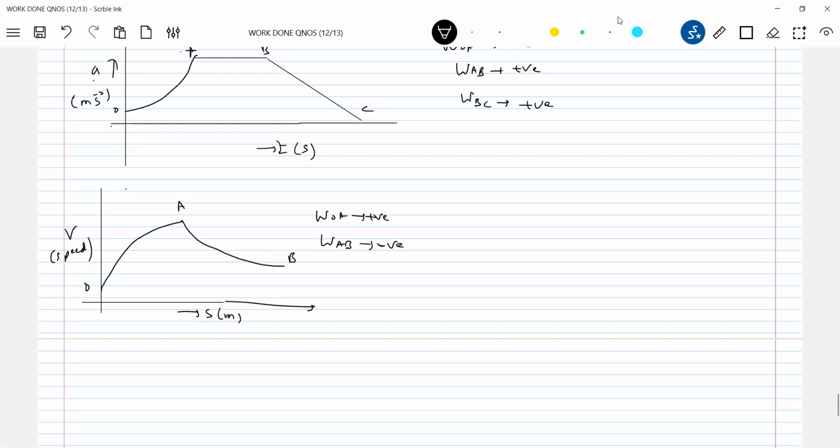If it is an AX graph, acceleration versus position, please do analyze. These are very important. What about the work done?